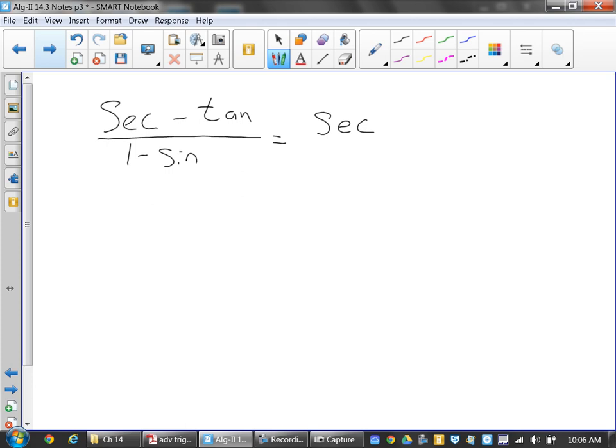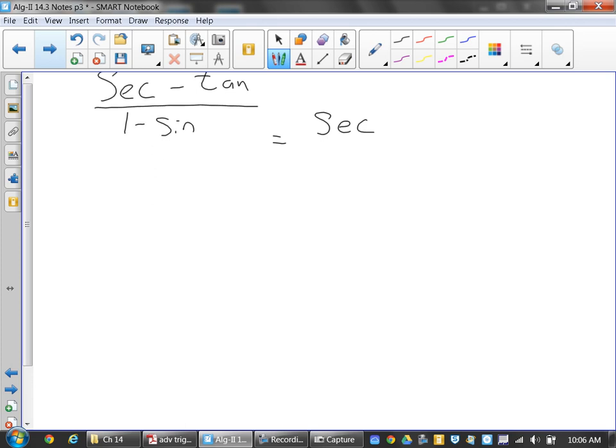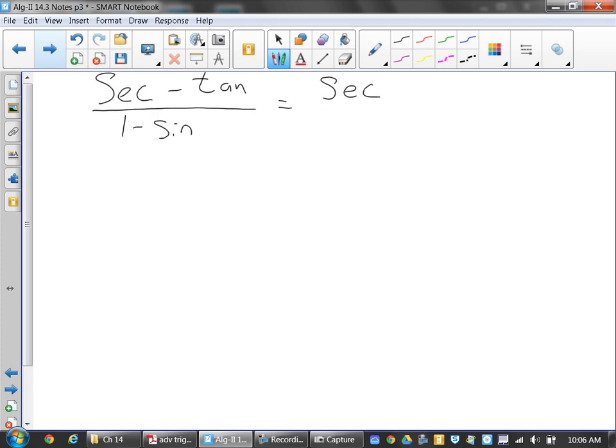What do you think you want to do first? Conjugate. Good. We'll do a conjugate to start. So we have secant minus tangent. You okay on that? Okay. My denominator becomes 1 minus sine squared.